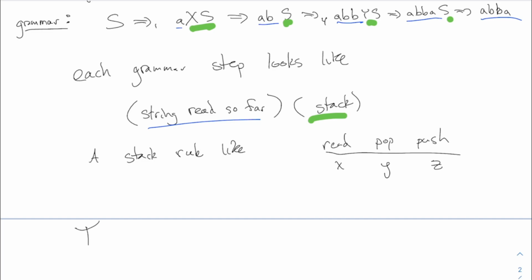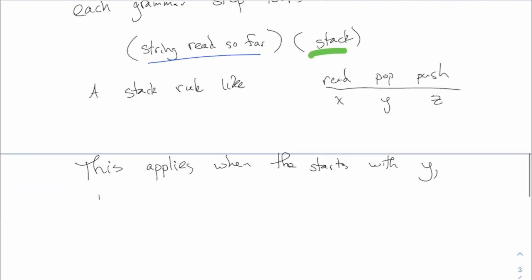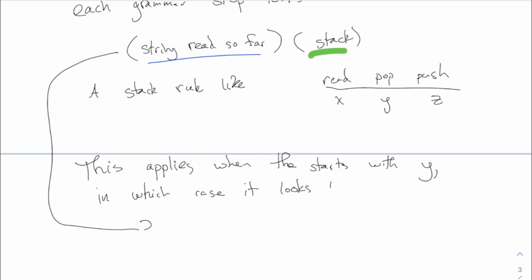So this applies when the stack starts with a Y. In which case, this thing looks like, again, the string which is read so far. If you're going to do that rule, it means there's a Y right there, followed by the rest of the stack.